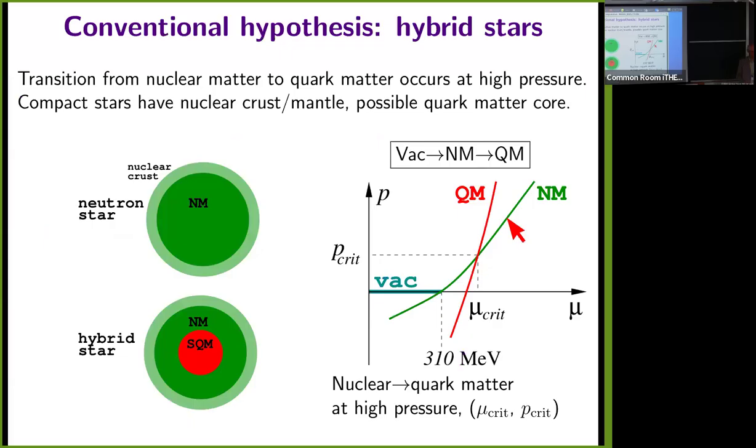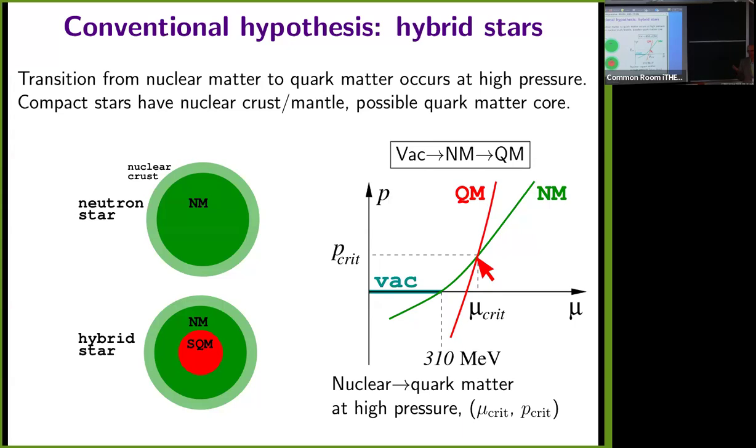The small print says these are neutral phases. So this green line here is the pressure of neutral nuclear matter, and this red line here is the pressure of electrically neutral quark matter. And at this critical pressure, they have the same chemical potential, and that's where the transition happens between neutral nuclear matter and neutral quark matter.